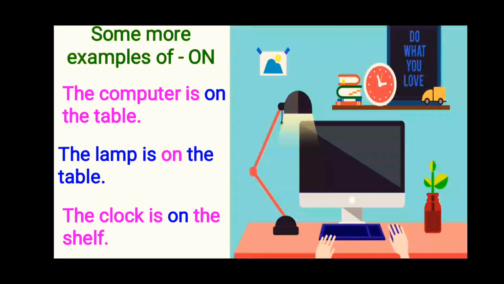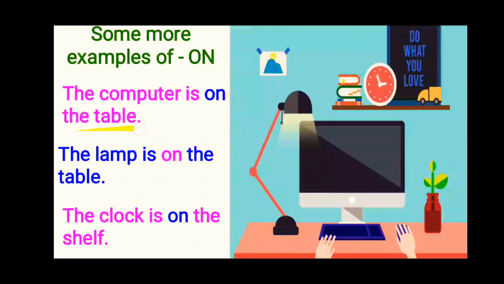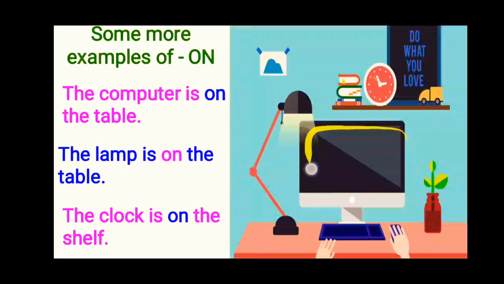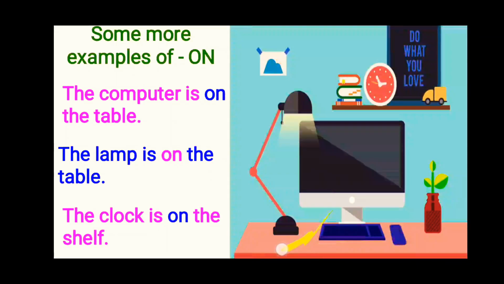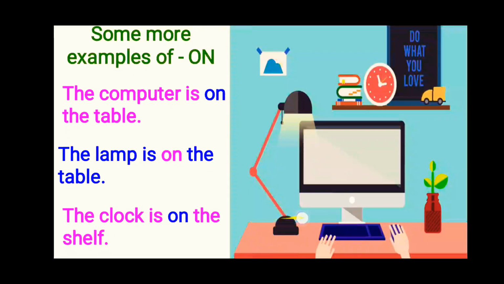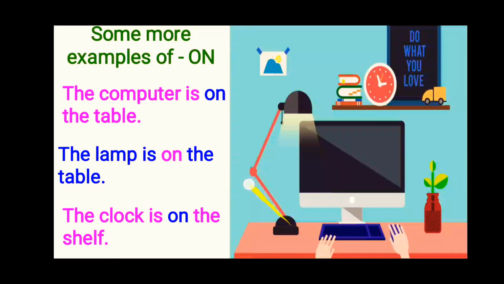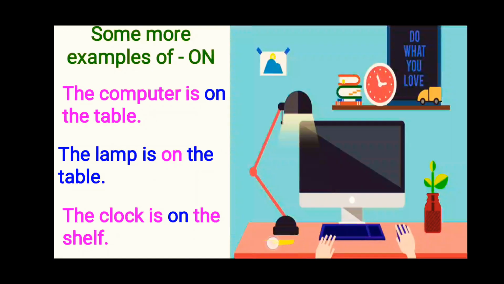Some more examples of on. The computer is on the table. Look at this computer. It is on this table. It is touching it, and it is on top of the table. So on. Now this lamp. The lamp is on the table.